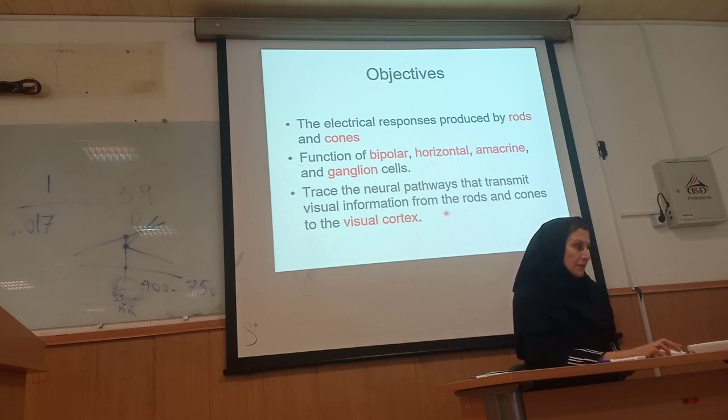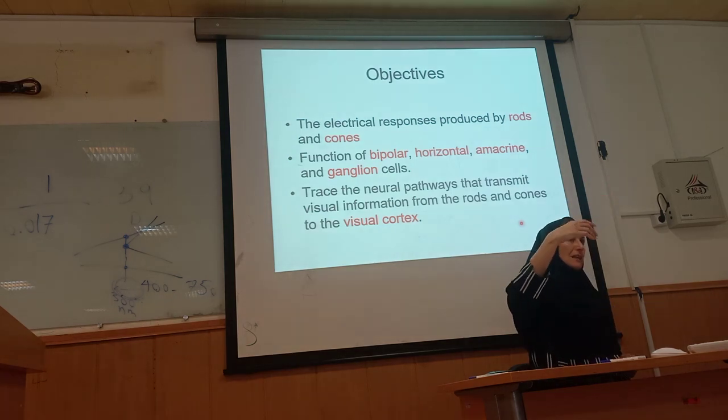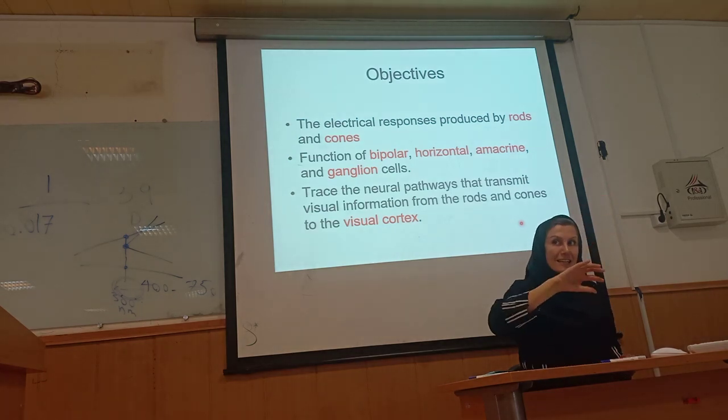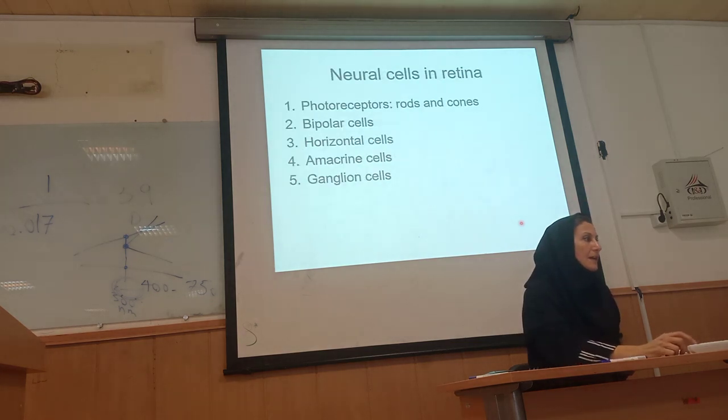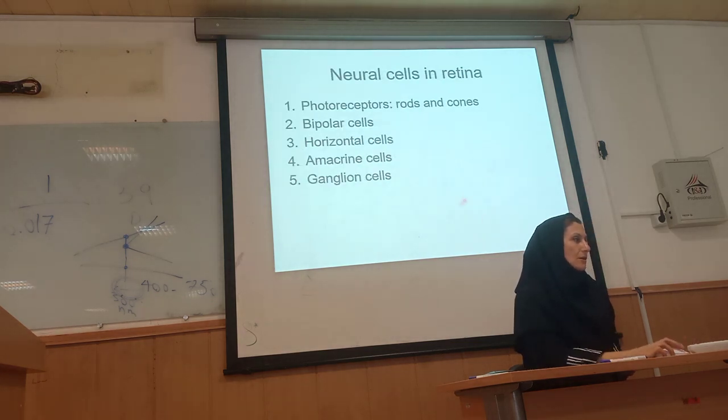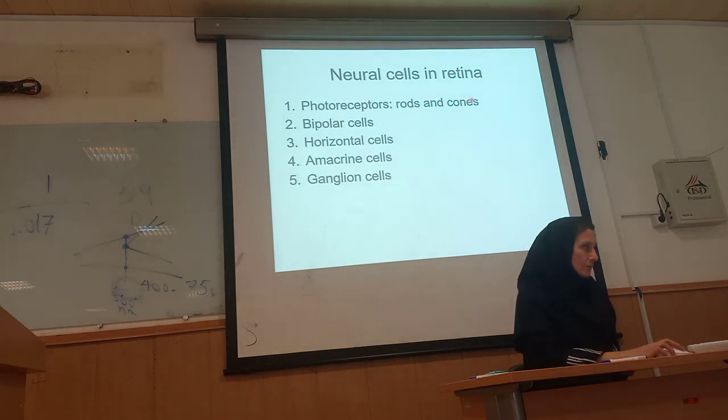If we have enough time, I will explain the trace of neural pathways that transmit visual information from the rods and cones, and after that other cells, to the visual cortex. As I said to you, these are neural cells in the retina: photoreceptors, bipolar cells, horizontal cells, amacrine cells, and ganglion cells.